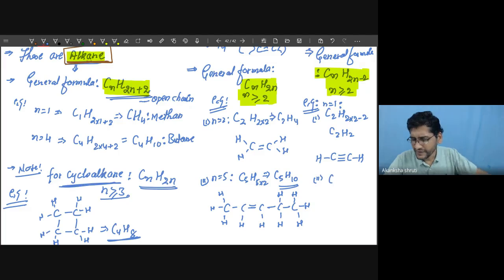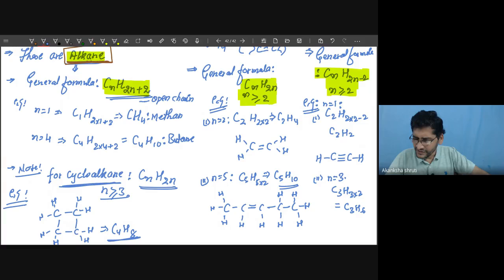Let us take C3, means n equals 3 for alkyne. Come to the alkyne, n equals 3. What will be the formula? C3, then H needs to be 3 into 2, so it is C3H6.